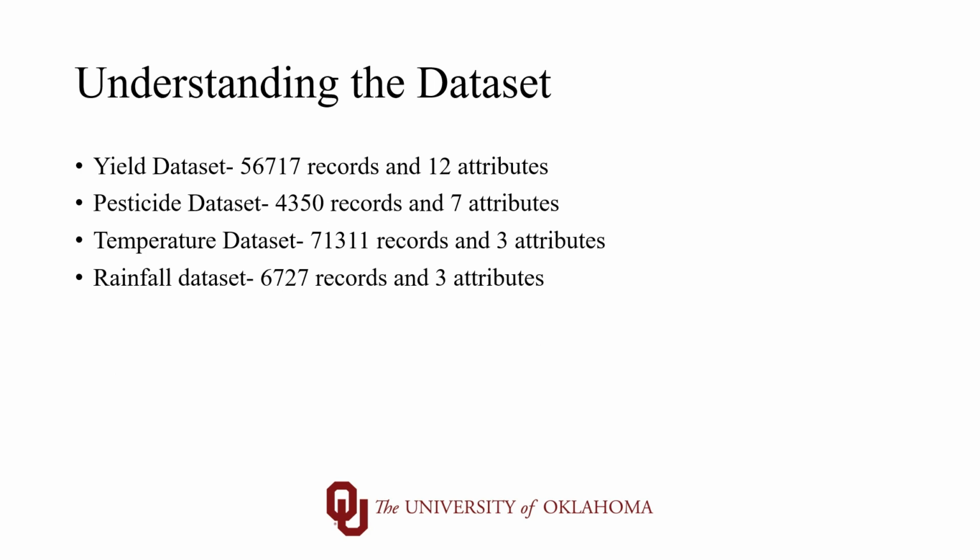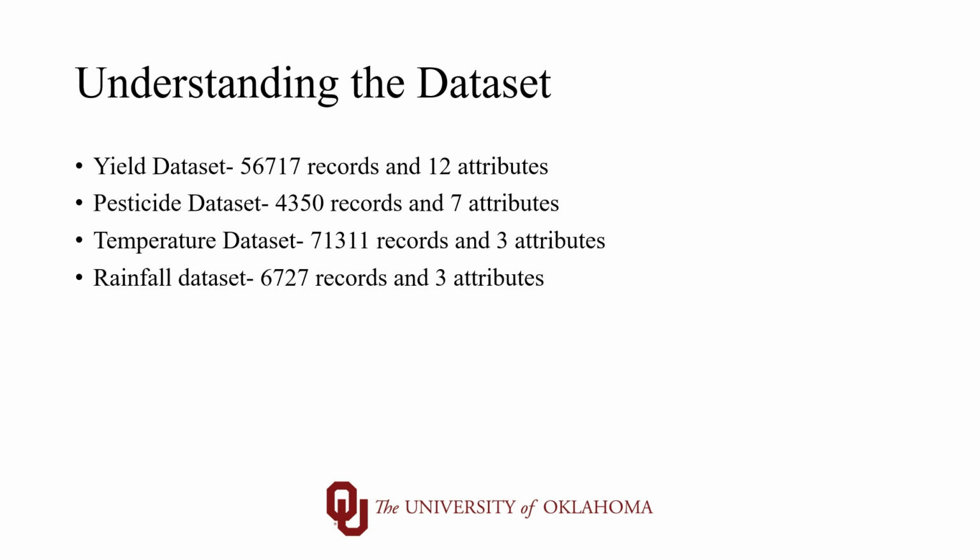Understanding the dataset. The yield dataset has 56,717 records and 12 attributes, out of which area, item, year, and value attributes are retained by dropping the other features. The pesticides dataset has 4350 records and 7 attributes, out of which area, year, and value are retained.